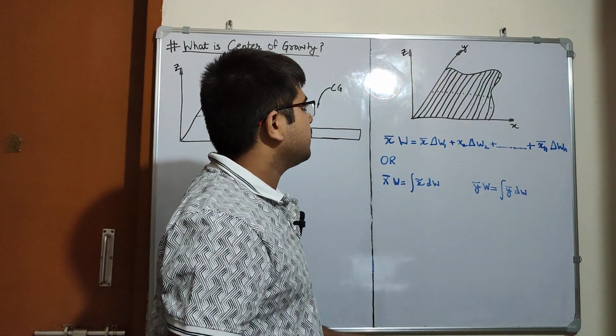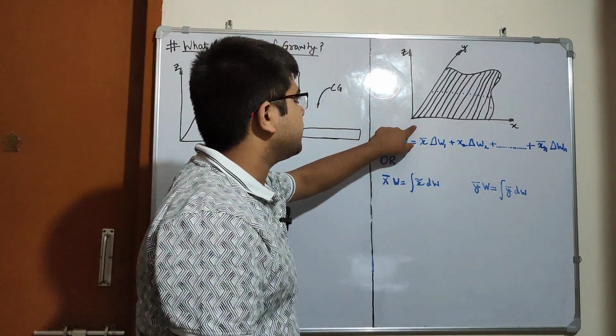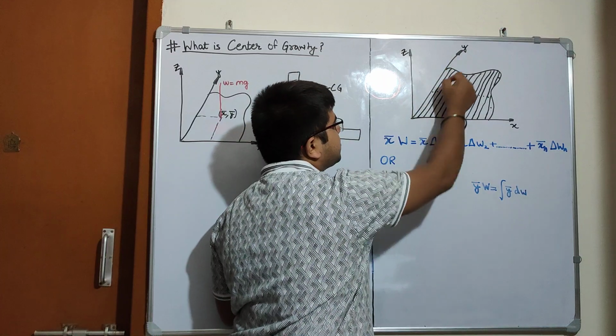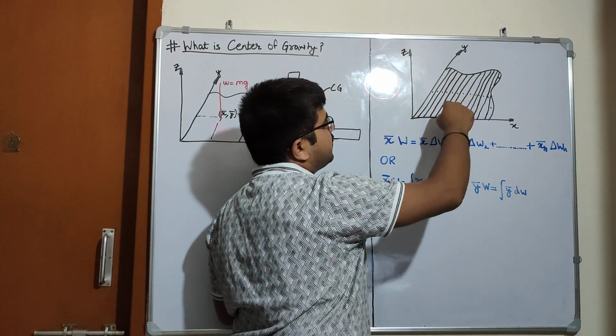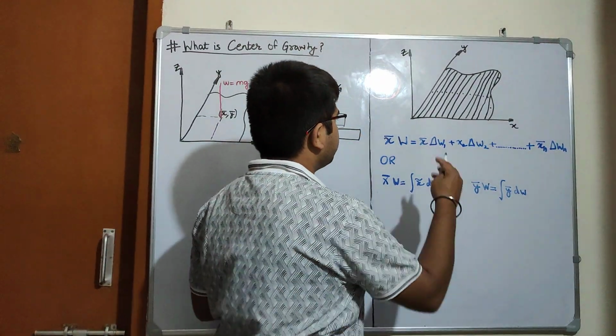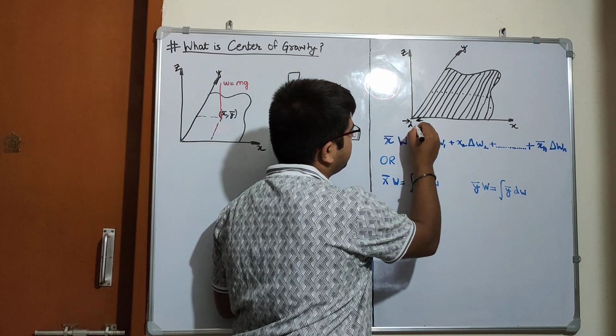Now, this same example I have written down here, but I have created very small strips of dimensions dw. So this one thickness is dw.